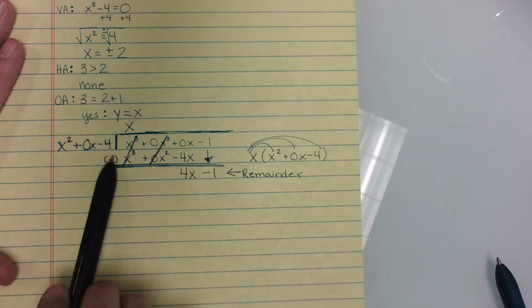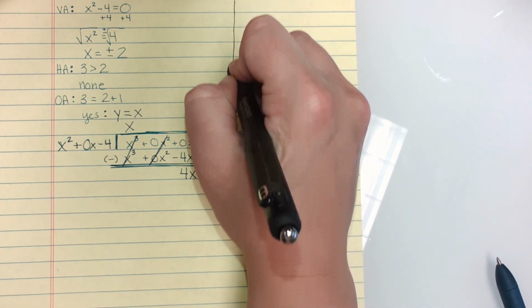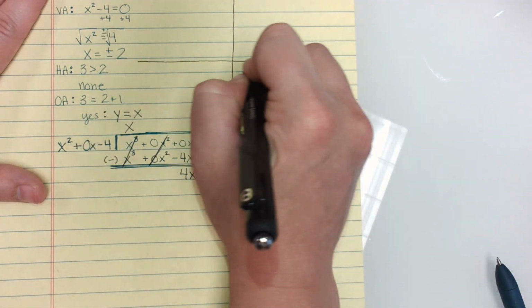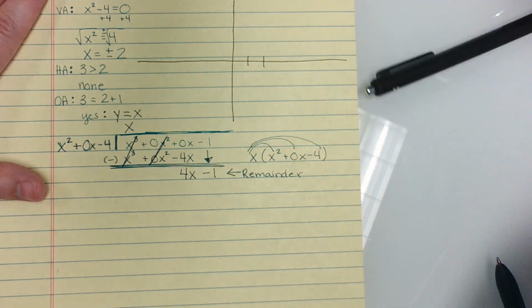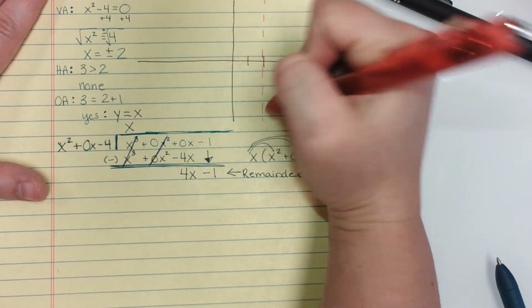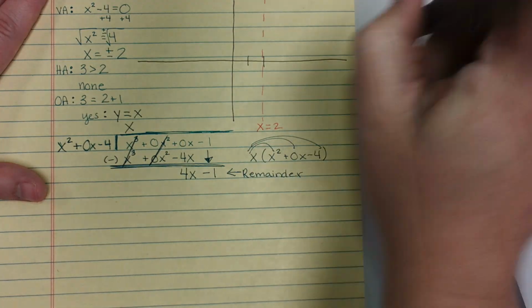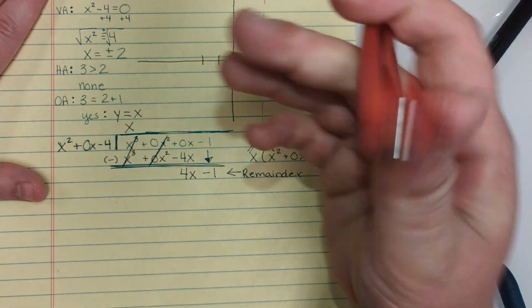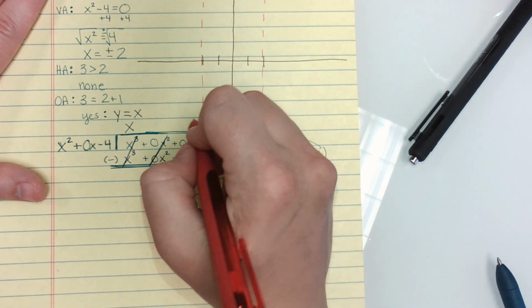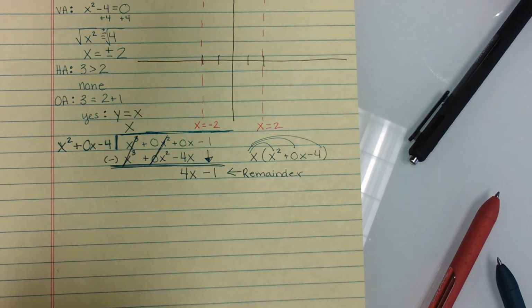I have my holes and my asymptotes all figured out, so I go to my graph. X equals 2. X equals -2. How do I graph the oblique asymptote y equals x? It's a linear equation.